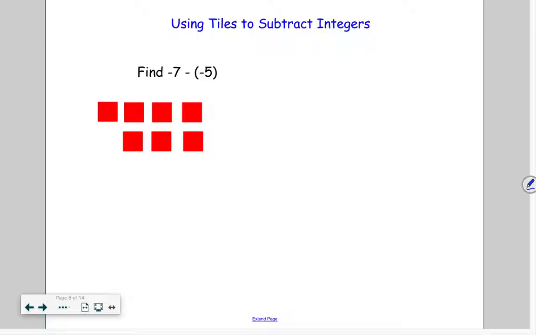What does a subtraction sign mean? Take away. Take away, right. So could I read this as negative 7 take away 5 negatives? Yeah. So do I have 7 negatives there? Yeah. We need to take away 5 negatives, right? Okay, well if I take away 5 negatives, draw that in.